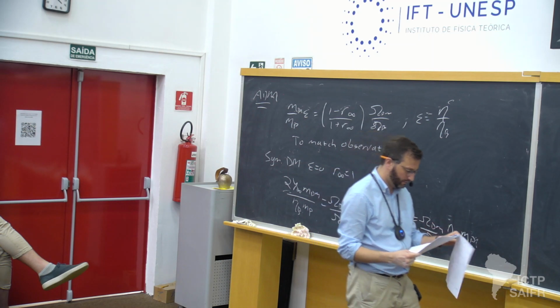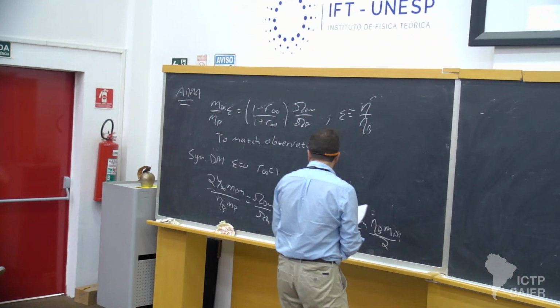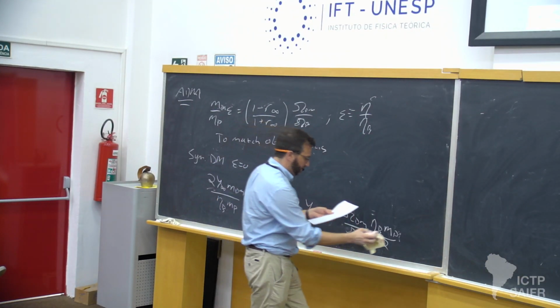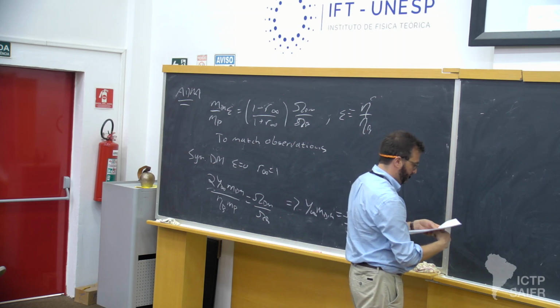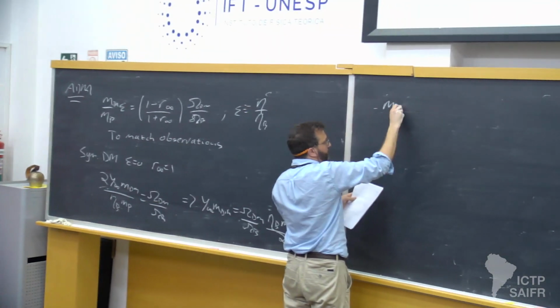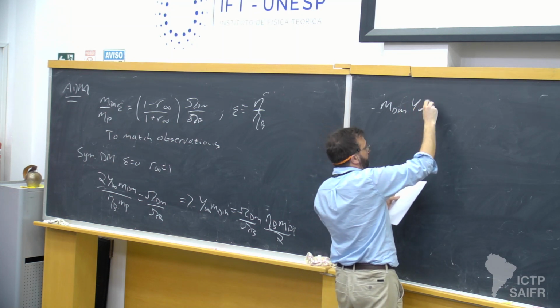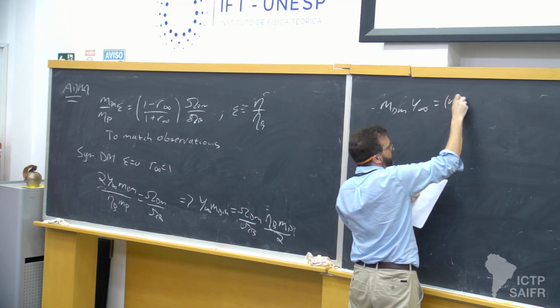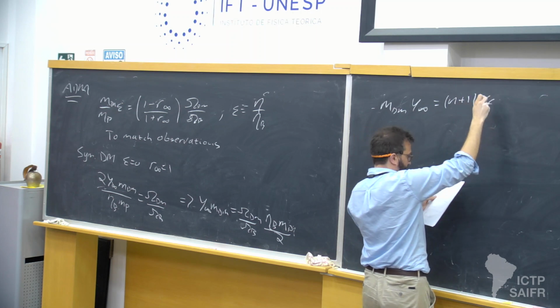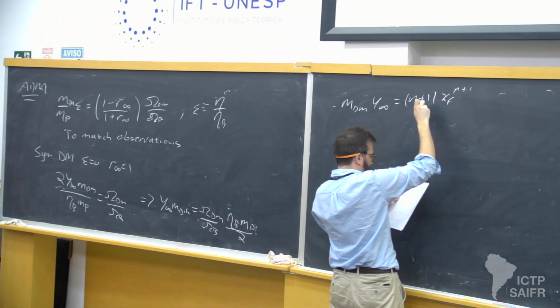So we have this, and now we know from what we saw yesterday, we had this nice formula that M dark matter y infinity is equal to n plus 1 xf n plus 1 on.